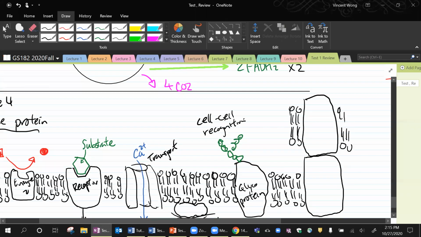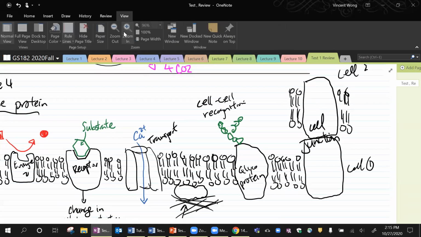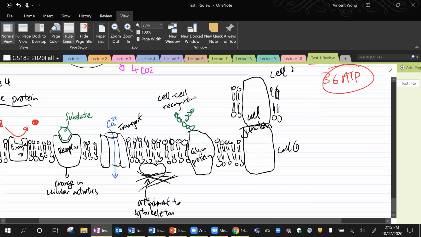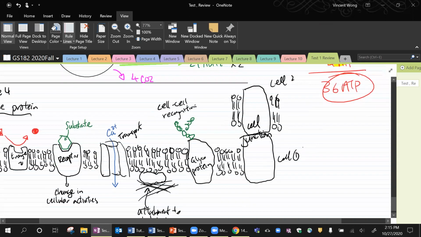So this is cell number 1, cell number 2, and this is called a cell junction. Okay, so that basically summarizes all the cell functions.